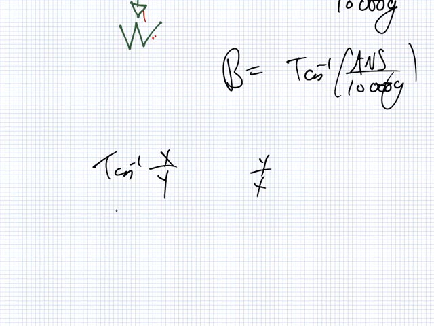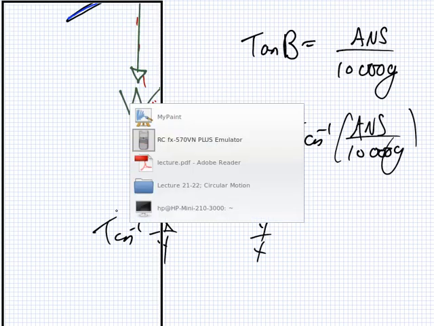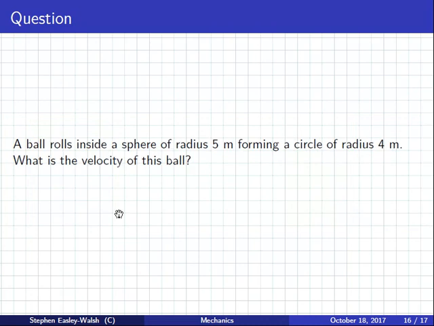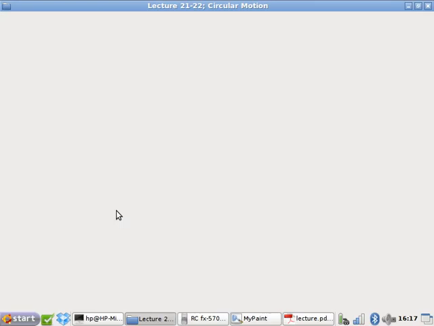Anything else with this? Okay, so there's one more to do. I want you to read this and then try to draw it. I'll do it, but I just want you to see if you can draw this. Let me just actually say something here.